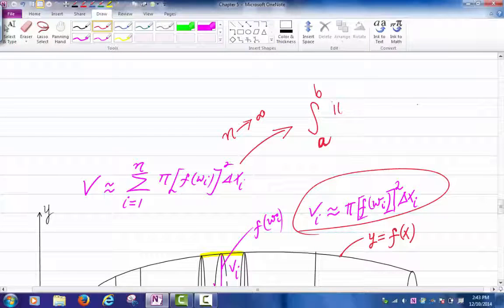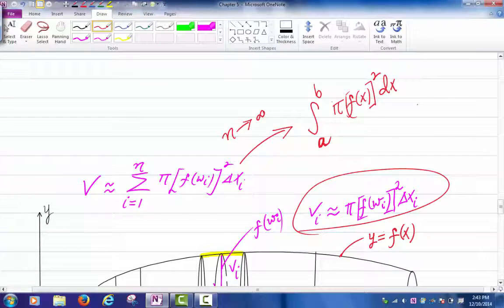Well, it is pi times f of x squared dx, right? So that's the formula for the volume.